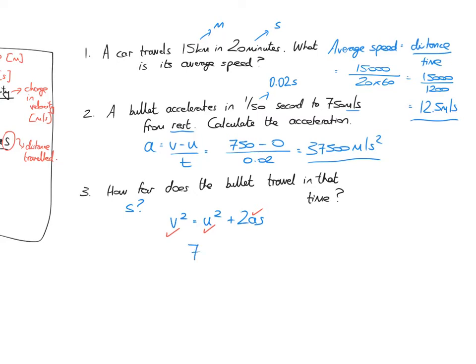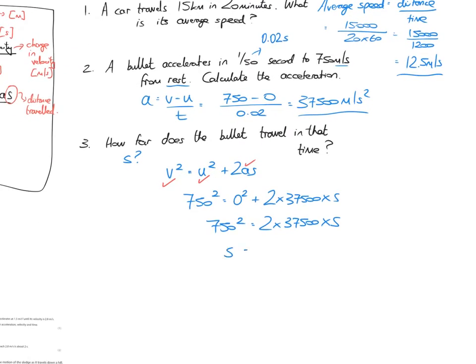So v was 750. We square that. u is just 0, so we've got 0 squared. Acceleration, so 2 times the acceleration, which was 37,500, multiplied by s, gives us 750 squared is 2 times 37,500 times s.